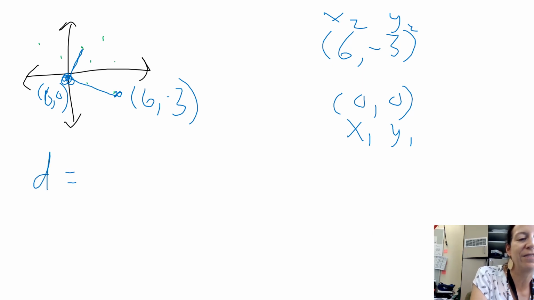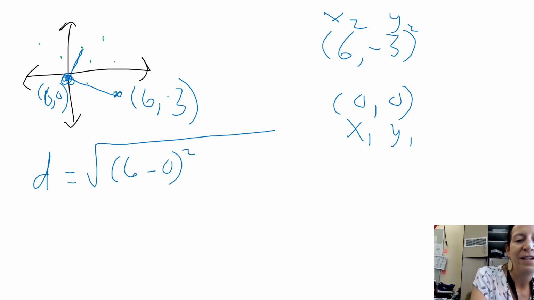So here's the deal with this. When you do x2 minus x1, it's just subtracting 0. So you're always going to be subtracting 0 on this one, so you don't even need to bother with the 0 part.